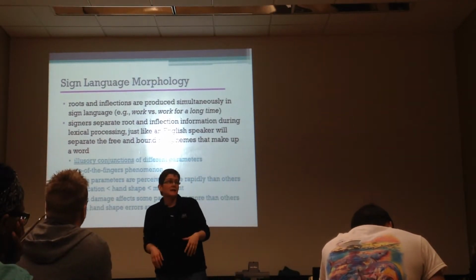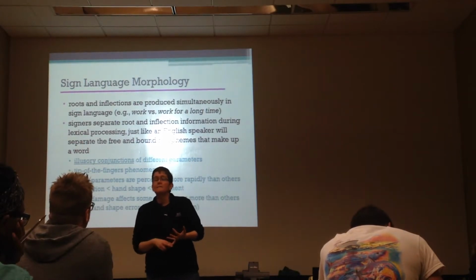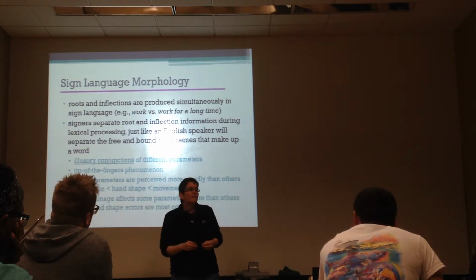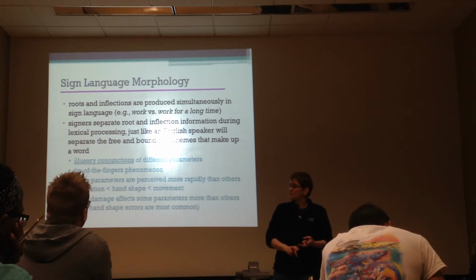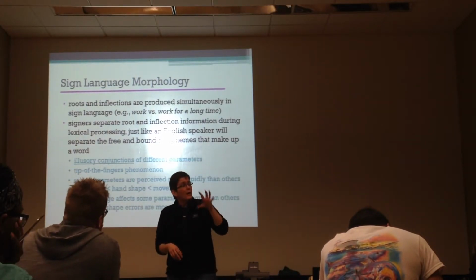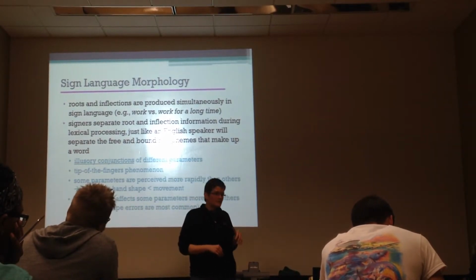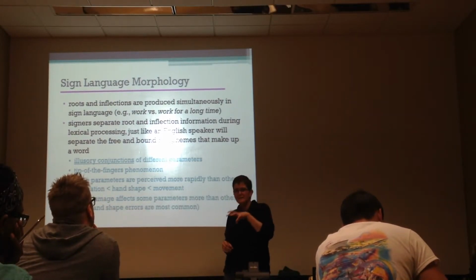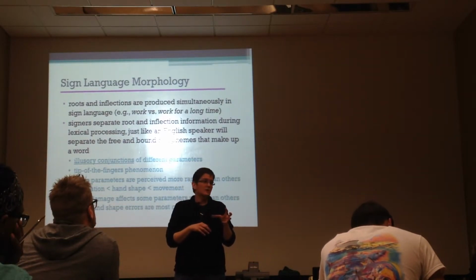So, p is a combination of the bilabial place, and the voiceless manner, and the stop manner. Okay, so it's a combination of those features. Every sign in sign language is a combination of hand shape and movement and location and palm orientation. And when signers are watching people sign, if they misremember what someone said, often what happens is they misremember one of the features, and they replace it with a feature from another sign that was made in close proximity.